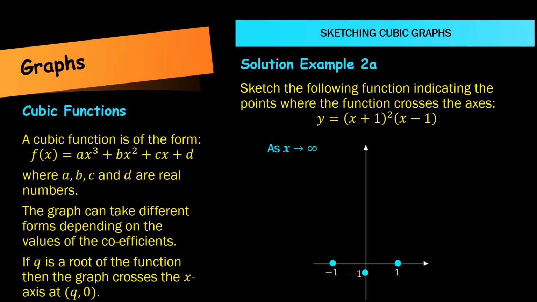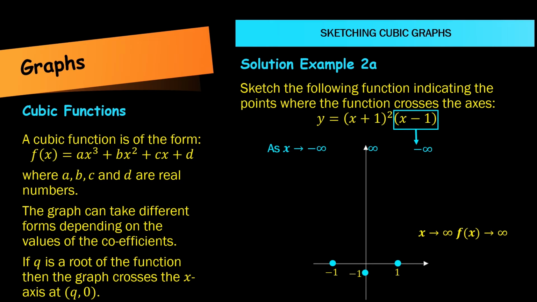As x tends to infinity, (x plus 1) all squared tends to infinity, and so does x minus 1. And therefore f of x tends to infinity too. As x tends to minus infinity, (x plus 1) all squared tends to infinity, and x minus 1 tends to minus infinity.